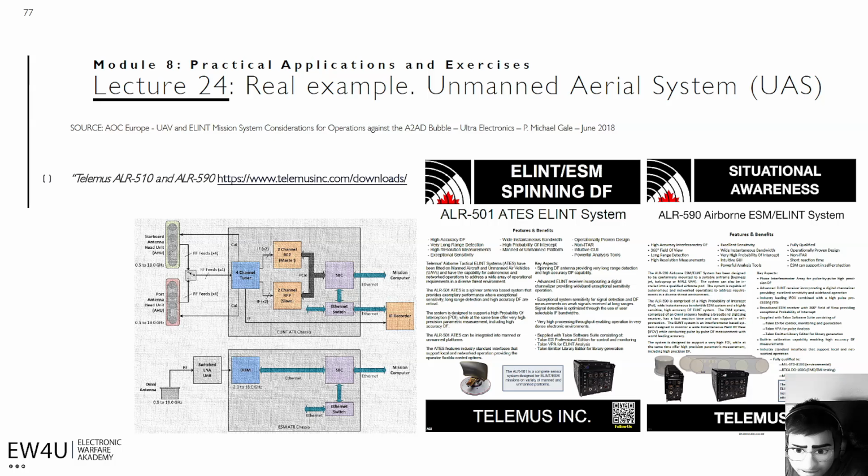On the bottom one for the ESM, we have this omnidirectional antenna, different switches, digital front end, some Ethernet links, and obviously everything is connected by high-speed Ethernet to a mission computer.